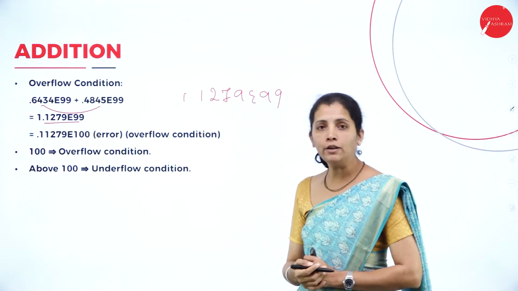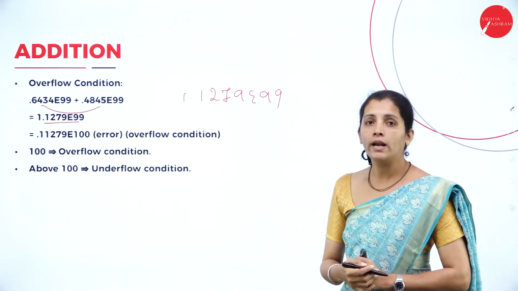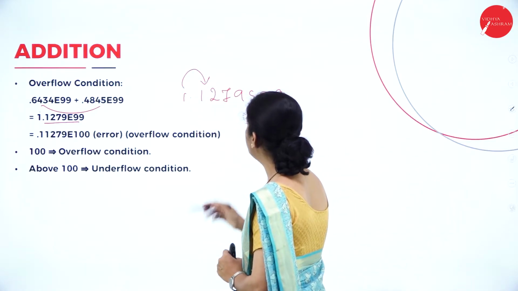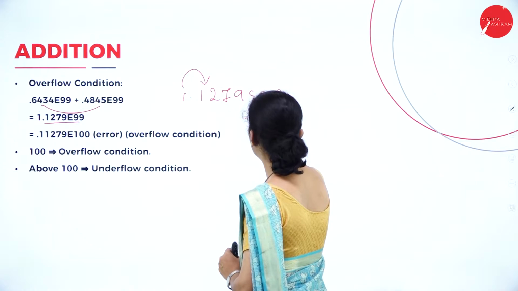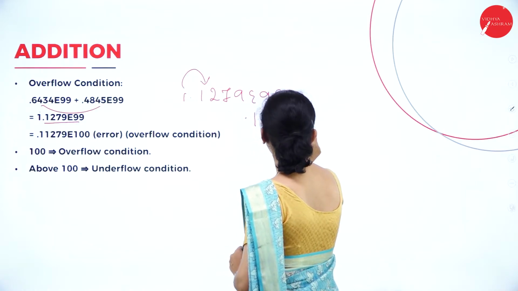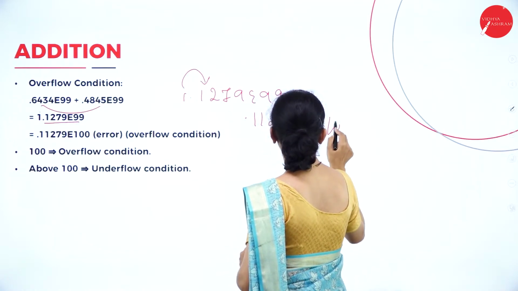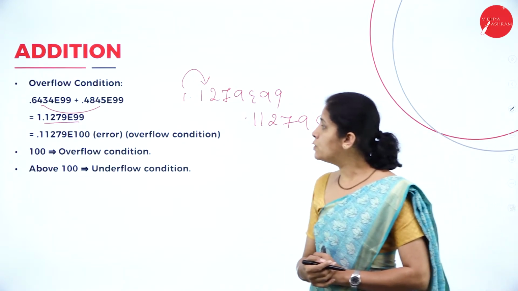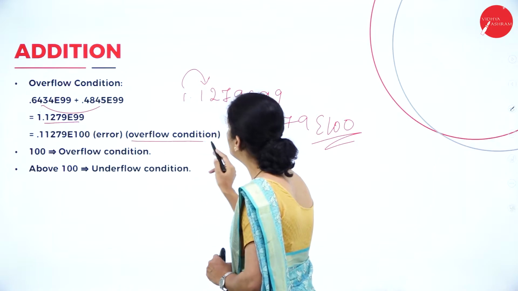To make it a normalized number, I'm going to shift this number. When I shift it, it becomes 0.11279 E100, that is exponent 100. So here it is an overflow condition.